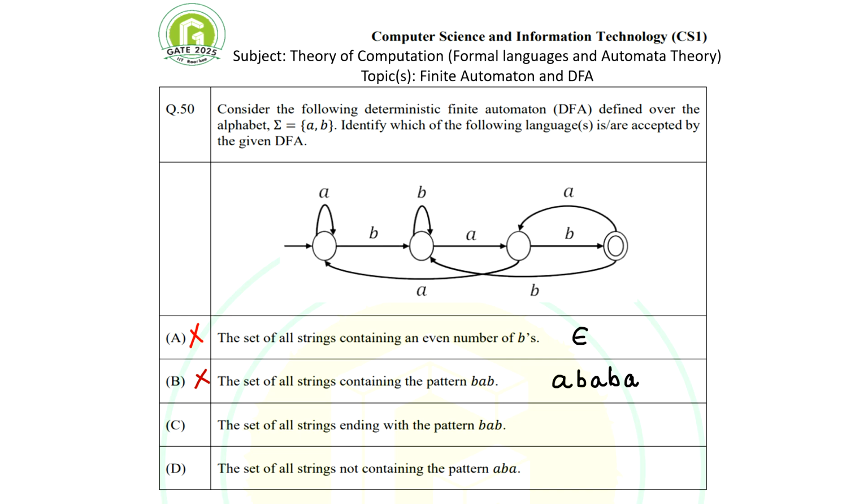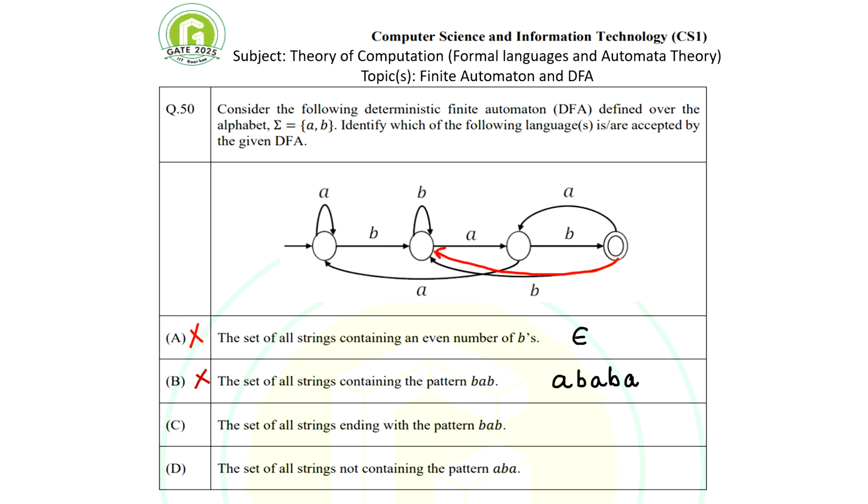Option C says the set of all strings ending with the pattern BAB. This seems viable because you can have any number of A's coming in and then you recognize the pattern BAB. After this, if you have B, then you know that you have to return to get one more A and B at the end.